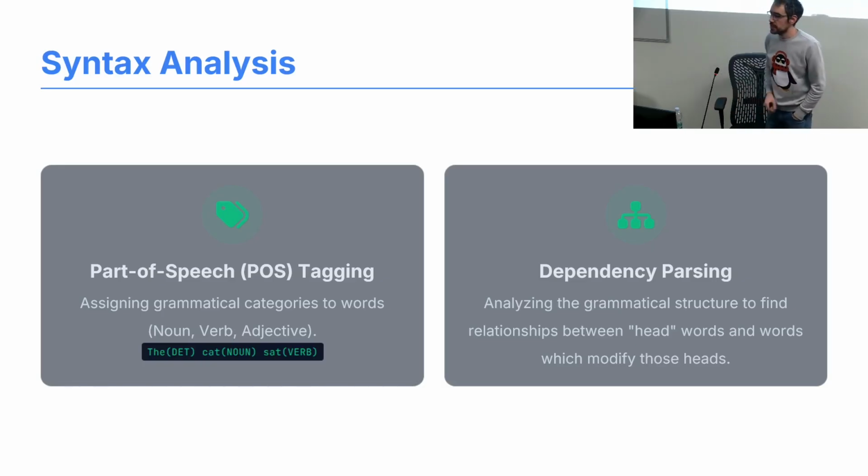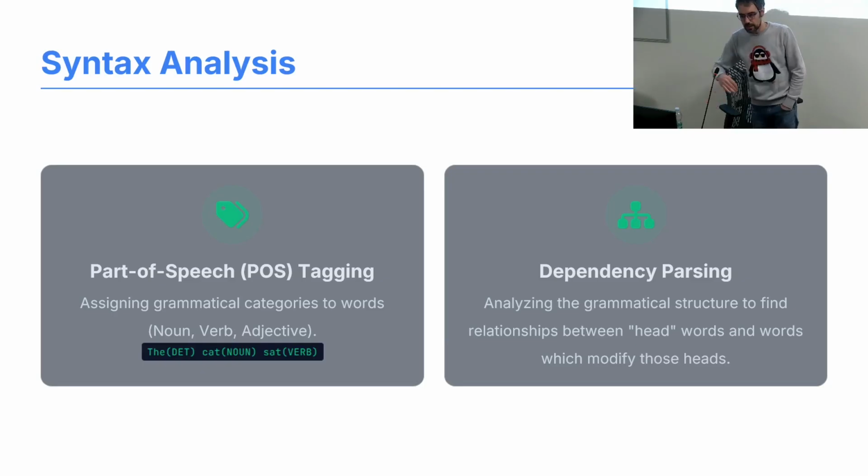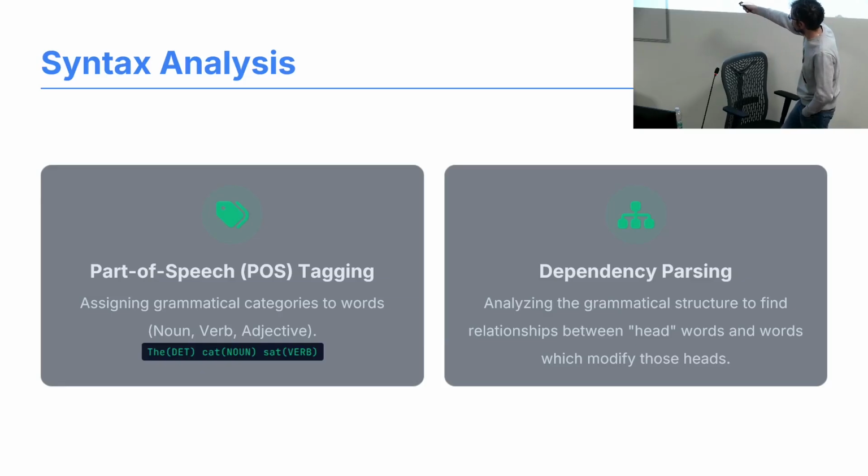So they attach to words some metadata, telling the computer what is the role played by that word in that sentence. So for instance, part of speech tagging may enrich the words the cat sat with metadata telling us that the is a particle, cat is a noun, and sat is a verb.